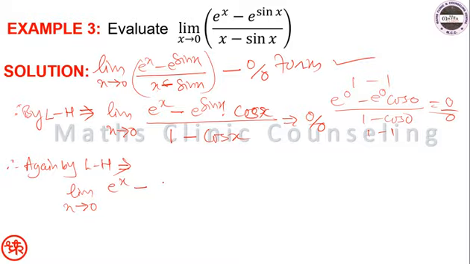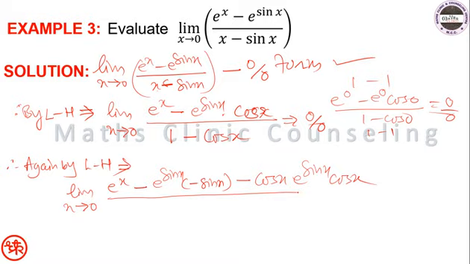So what we have? Minus e to the power sin x into derivative of cos x, minus sin x, and minus cos x into derivative of e to the power sin x, e to the power sin x into cos x, divided by 1 minus sin x, cos x derivative is minus sin x.